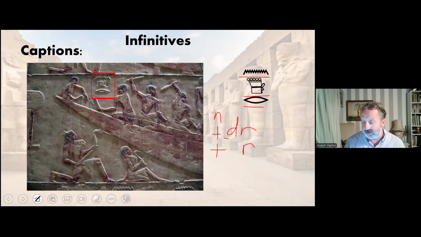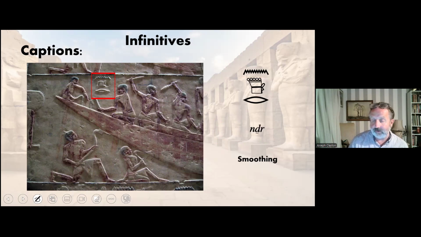That r is the same as the one above it, so the n is not a phonetic complement of that, so the whole word is just going to be nedja, which means smoothing, so it's describing what's happening in the picture. It doesn't have a tense or anything because it's got to last forever, whether you look at it now or in 100 years, or you were looking at it yesterday, it's smoothing.